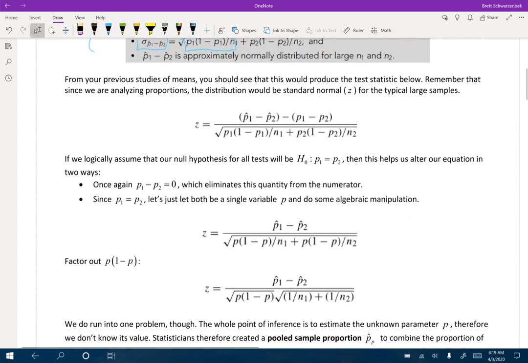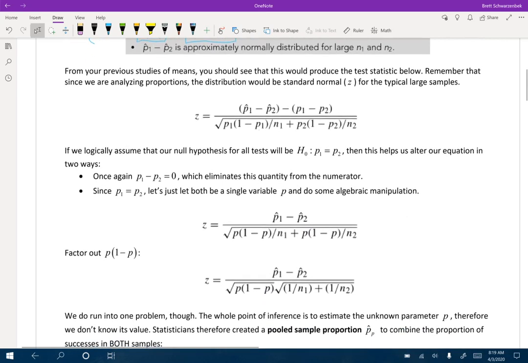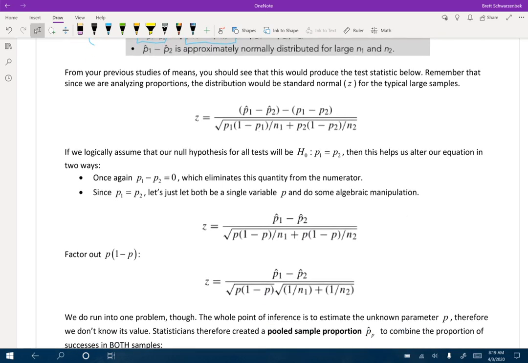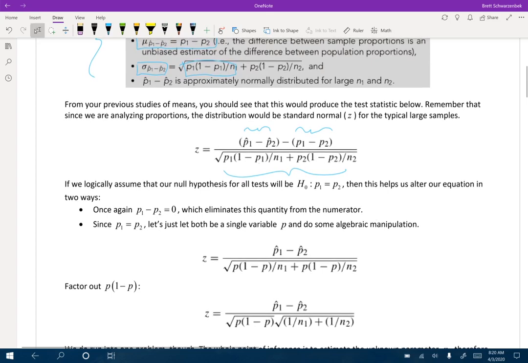Okay, so just based on what we've done in previous setups for our test statistics. For z, remember we're always going to do the difference of the statistics minus the difference of the parameters over the standard deviation of the sampling distribution.